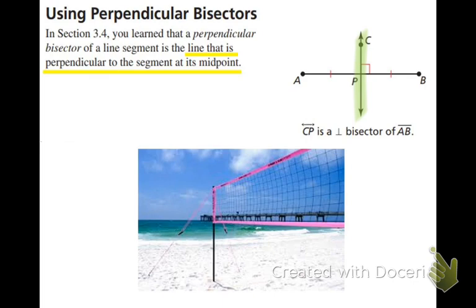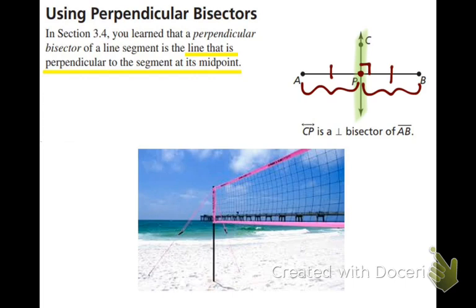Basically, the perpendicular bisector cuts through the midpoint, and I know P is the midpoint because of these dashes. It means the length of AP is the same as the length of PB. And the bisector and the segment make 90 degrees. So that makes it a perpendicular bisector.